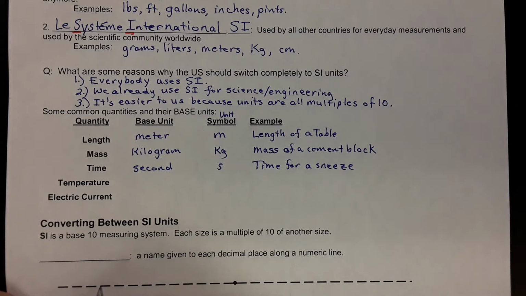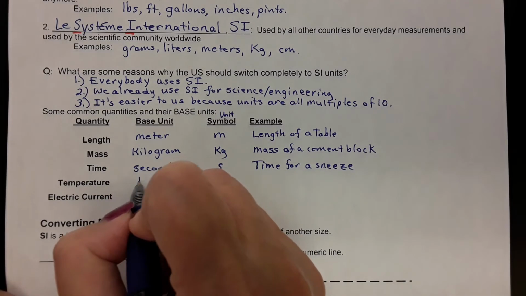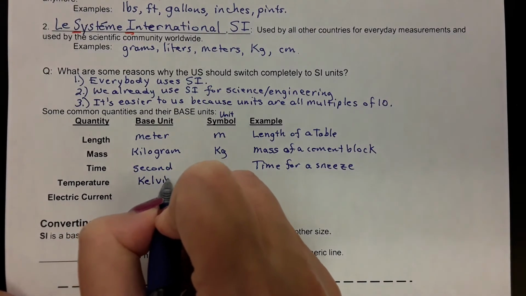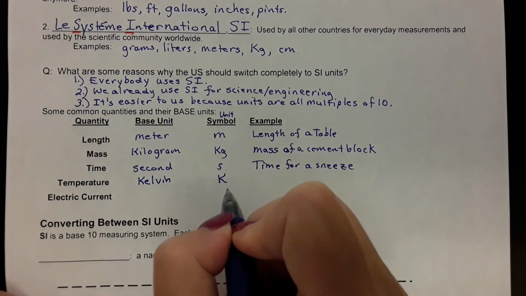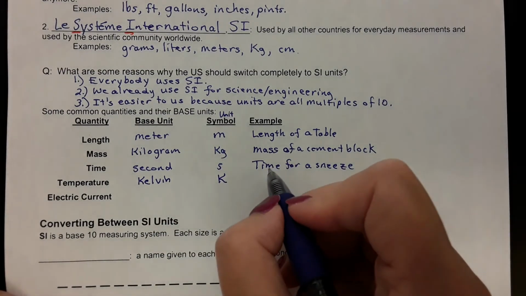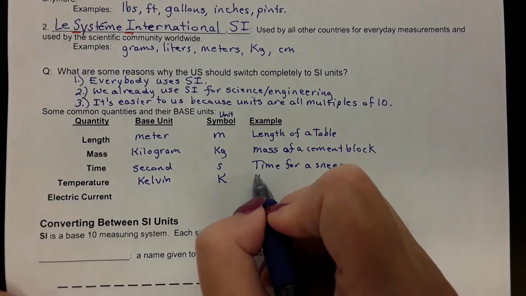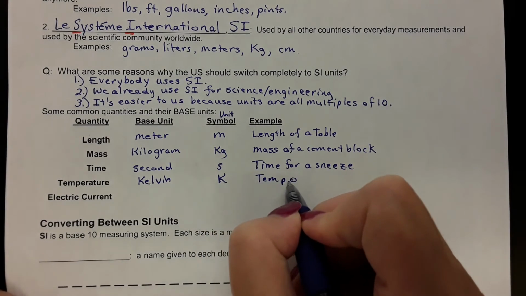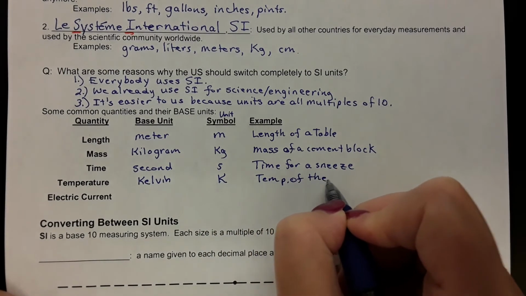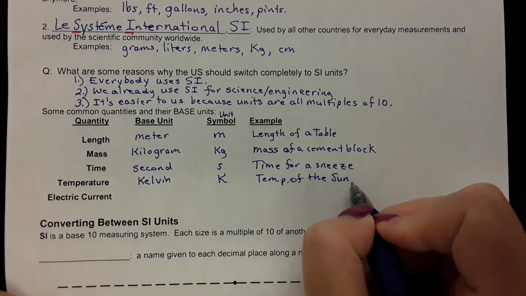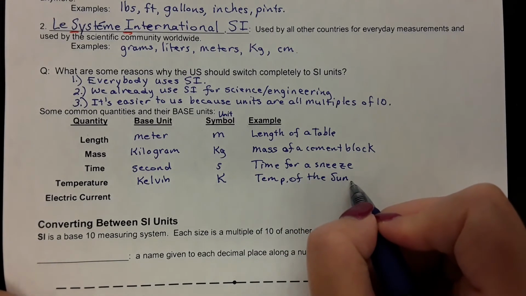A lot of you have heard Celsius and Fahrenheit on the TV, but actually the base unit for temperature in SI is the Kelvin. We use a capital K for Kelvin, and you could, for example, measure the temperature of the sun, or maybe the temperature of an oven.